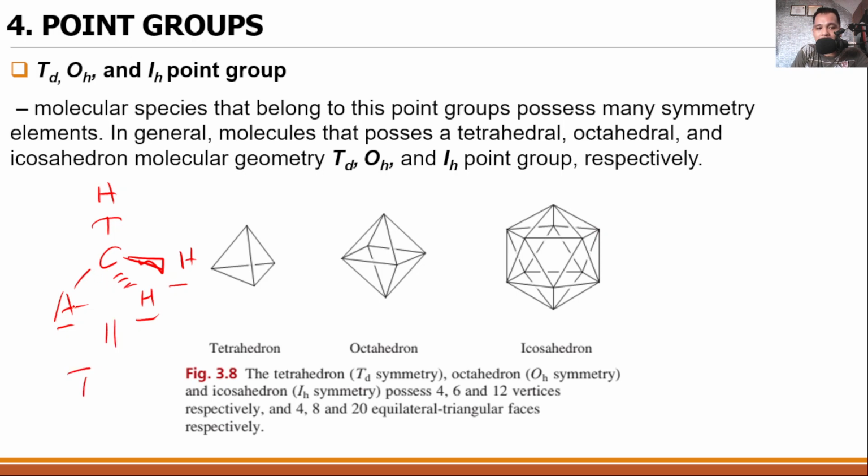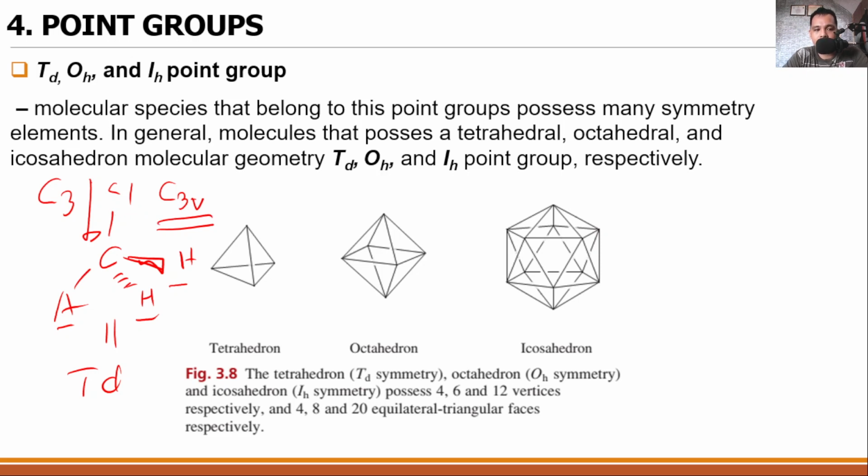Ito, it is TD. Pero let's change the one substituent or bonded atoms. Kunwari, Cl. That is not a TD anymore. Kasi we have dito yung principal axis natin and then we have C3 principal axis. It is C3V point group natin.